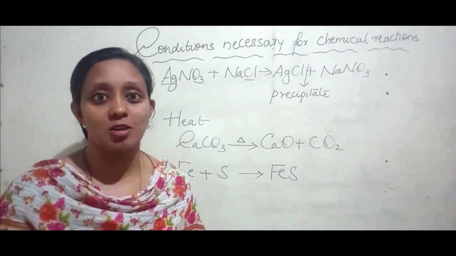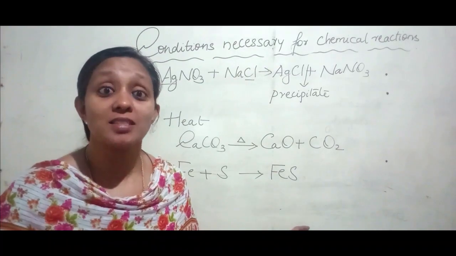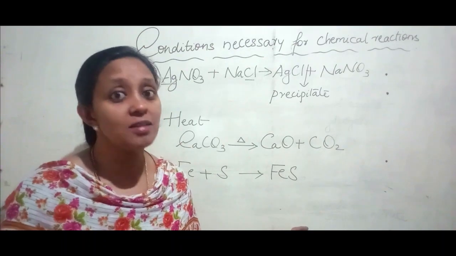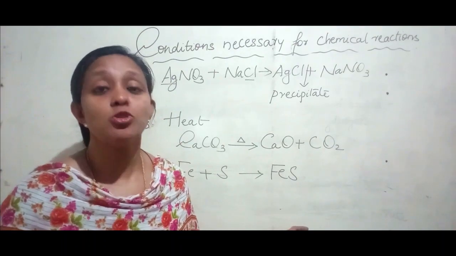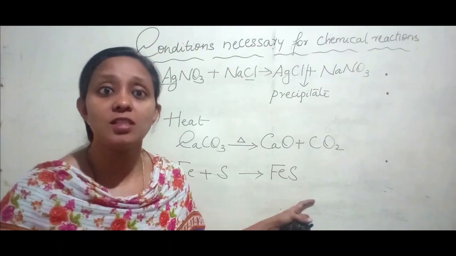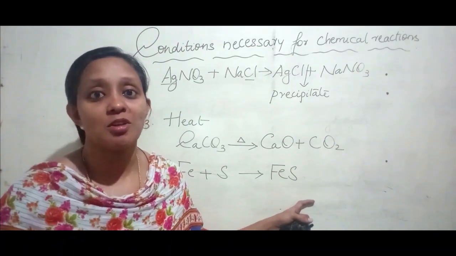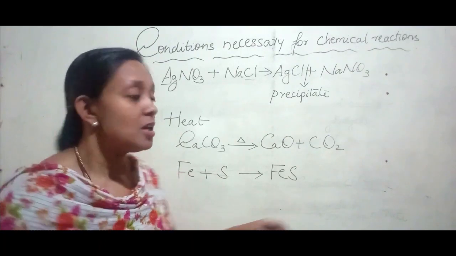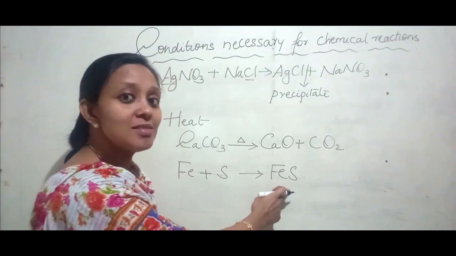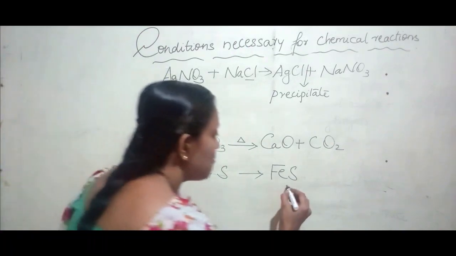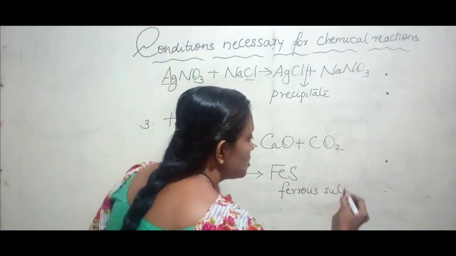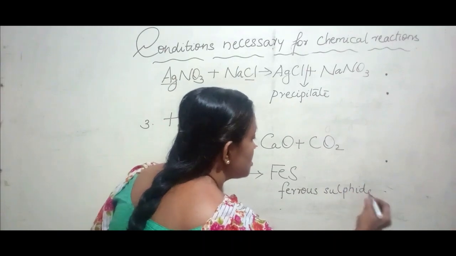So I can call this compound that I get here ferrous sulfide. It is iron sulfide, but as iron shows variable valency, in this compound the valency of iron is +2, so it is called ferrous. The compound is ferrous sulfide. So what did we see in this reaction, children?